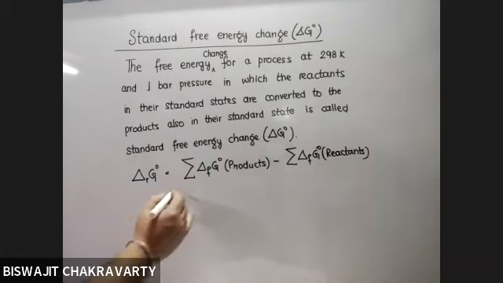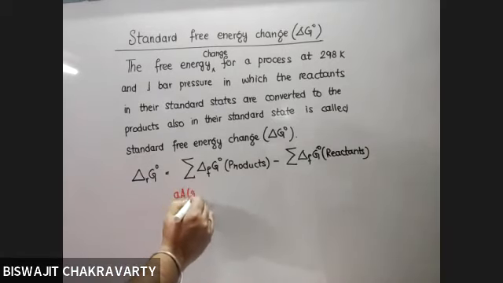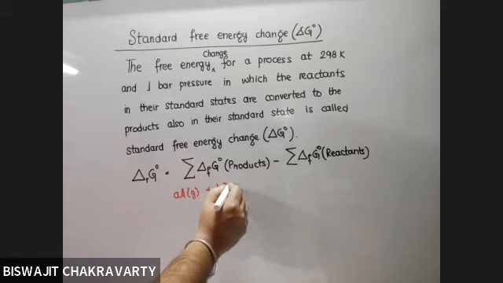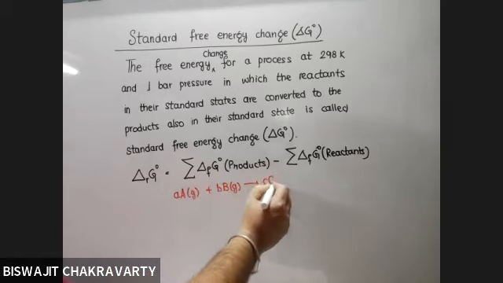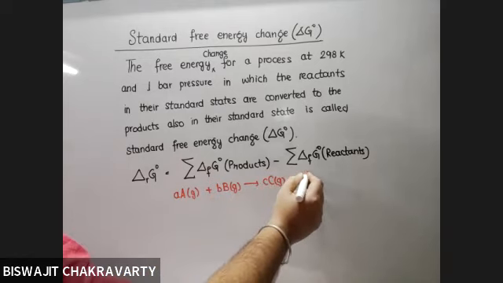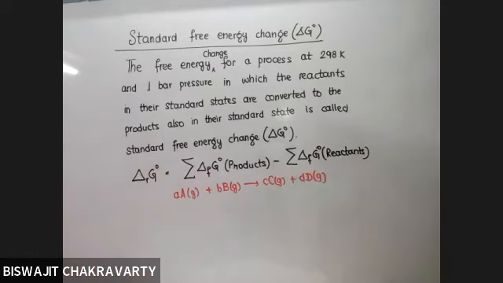Suppose you have a reaction aA plus bB giving cC plus dD. And you are asked to calculate the delta G degree for the reaction. So we need to apply the formula. Delta r G degree will be summation of, who are the products?